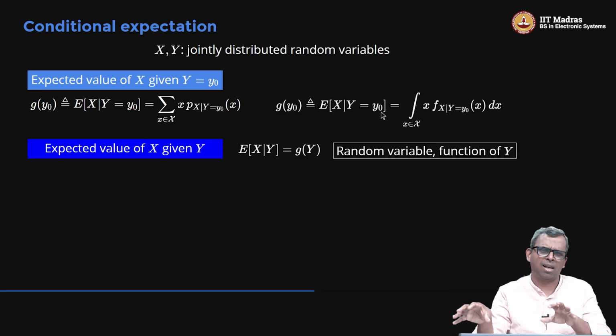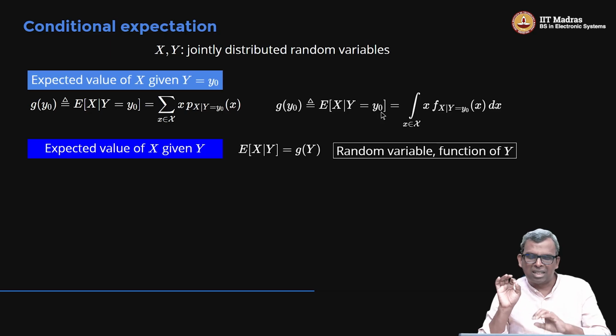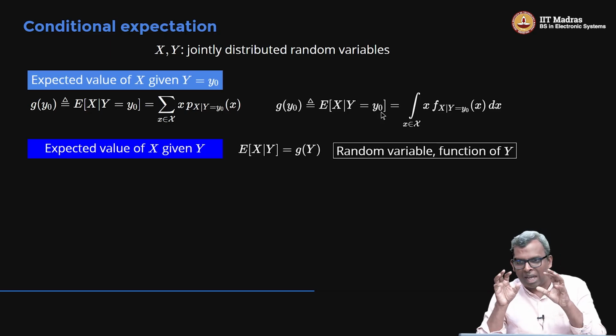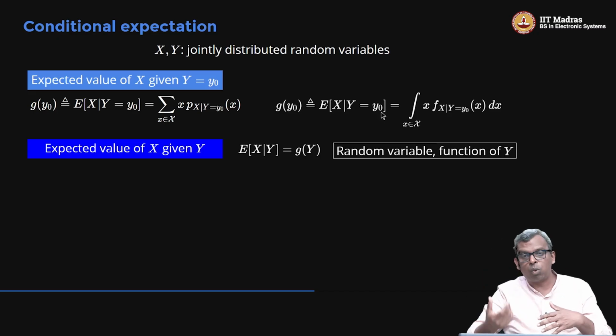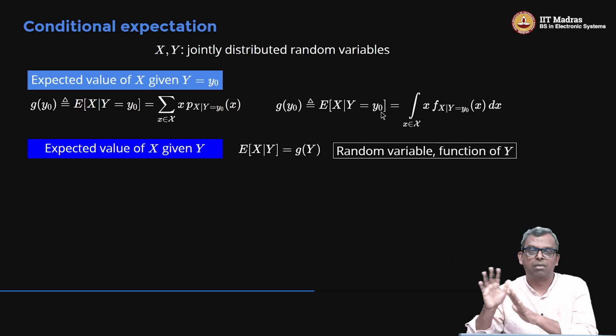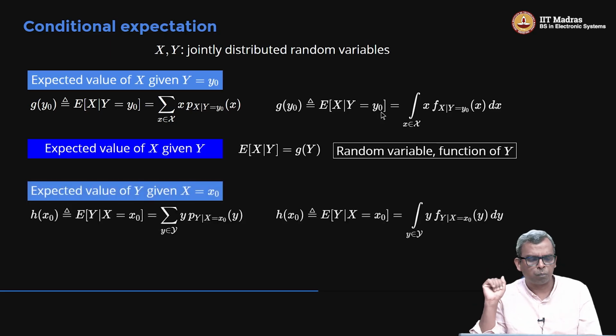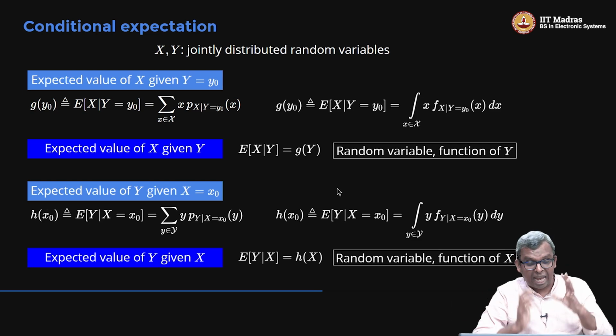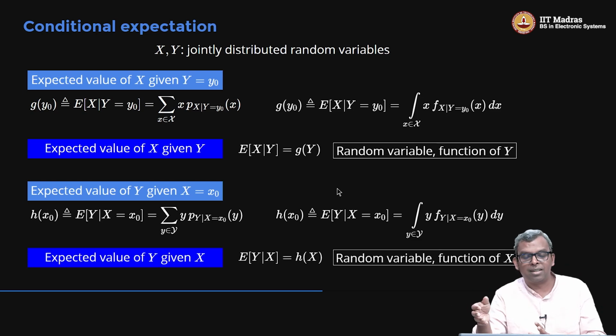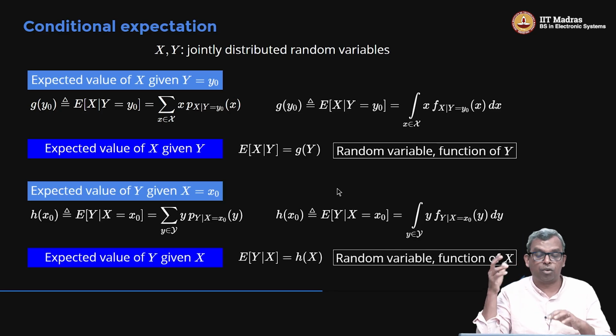Okay, so I'll give you an example and write this down. But notice the subtle difference between the value for a particular y naught and the random variable which captures the values for all y naught along with their probabilities. That's all that is going on here, okay? The same thing you can do for the expected value of Y given X equals x naught, and here you will have a function h of x naught. Then I will define the expected value of Y given X, not saying X equals x naught, denoted E[Y | X], which is simply h of X, okay?